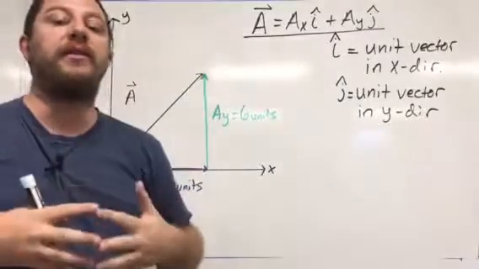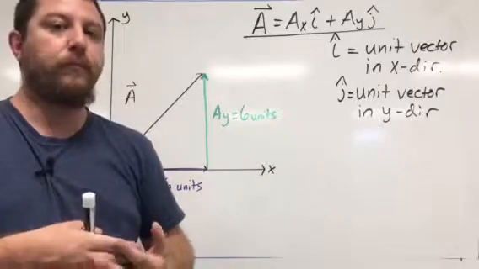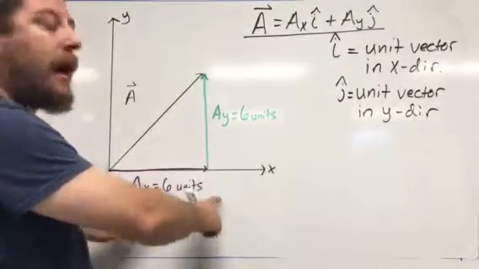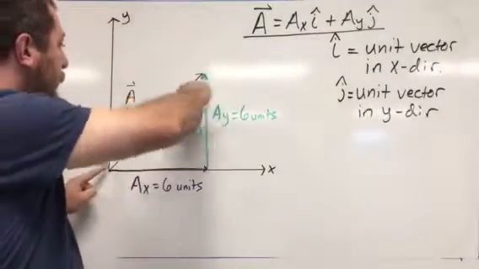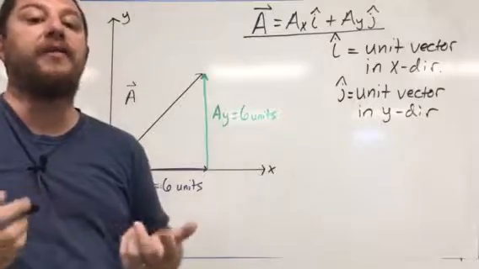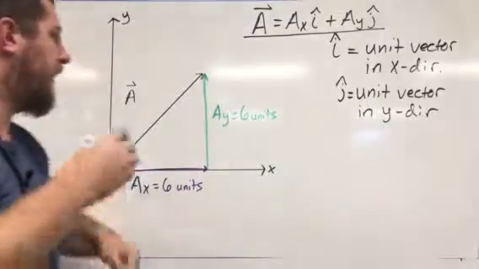Now, there are essentially two things you may want to do with an individual vector. If I have the components, I want to calculate the magnitude of the actual vector, and I might want to find its direction, okay? Those are the two things that make up a vector, magnitude and direction.